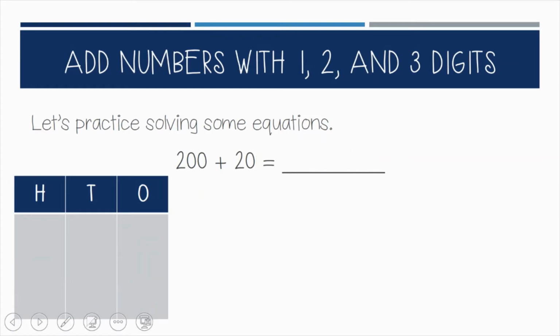Let's try another one. Now, this one's a little bit different. It looks very similar, but it's not. So now I have 200 plus 20. And if I break that apart by place value, my 20 is only a 2-digit number. So I'm going to put my 0 in my ones and a 2 in the tens.